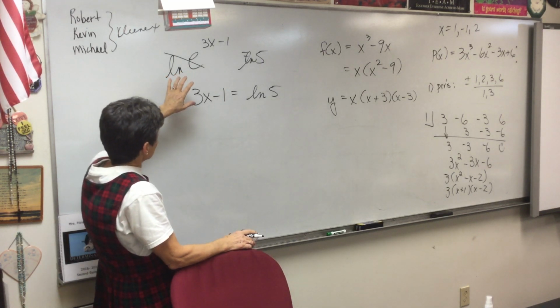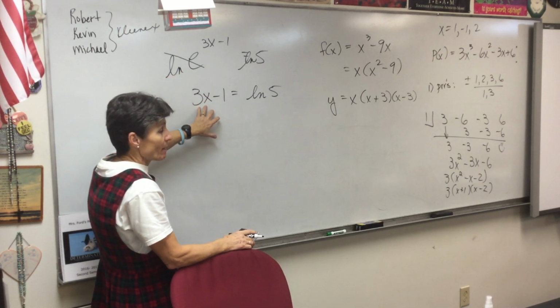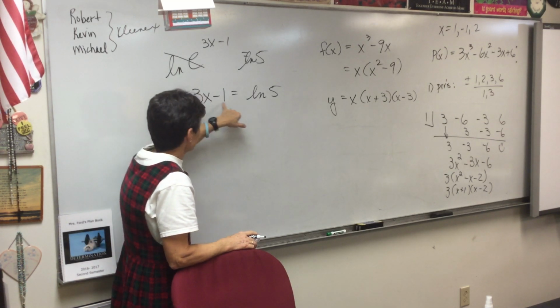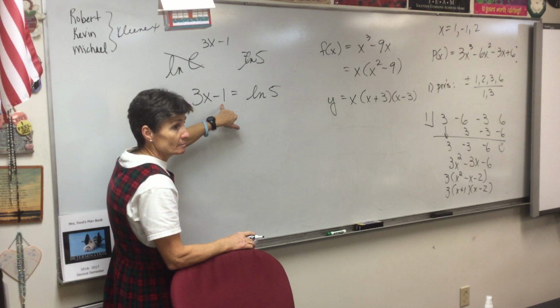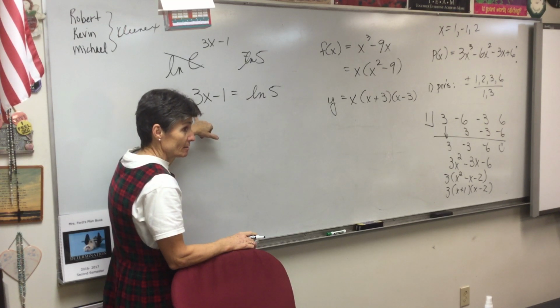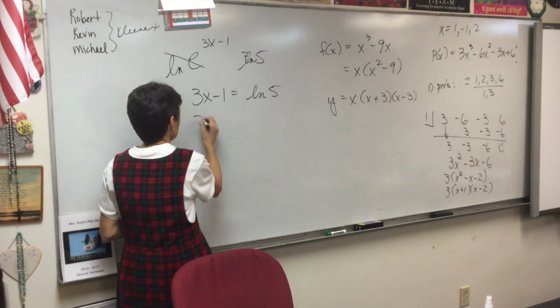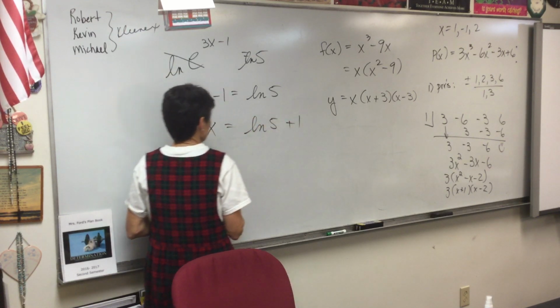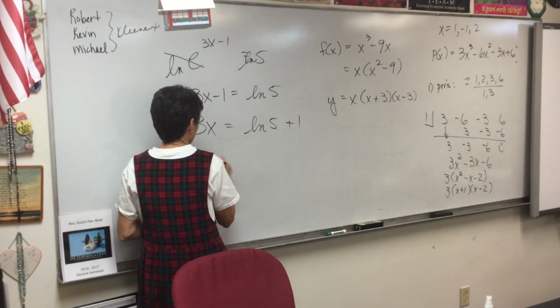So now we're trying to get x by itself. So should we take the ln of 5, add 1, and divide by 3? Isn't that what we want to do? Don't we want to take ln 5 plus 1 and then divide that by 3?